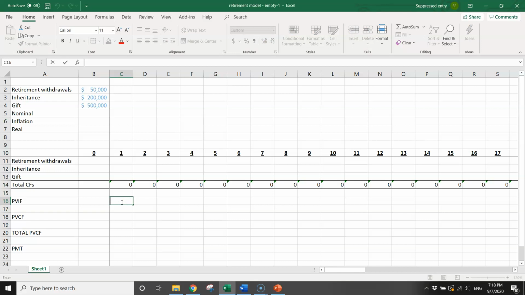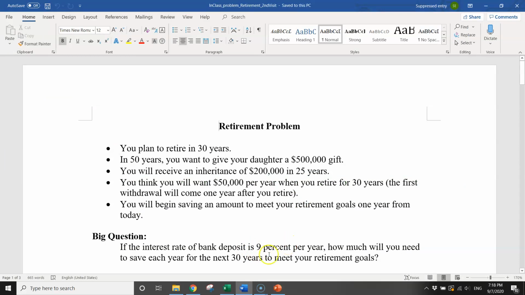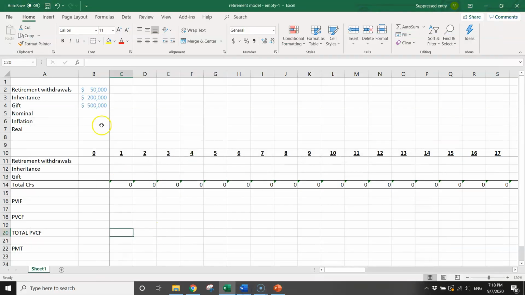Remember, the discounting calculation has this equation. The discounting factor will be 1 over 1 plus real interest rate. Oh, we need to calculate the real interest rate. Okay, so in this problem, we have this nominal interest rate as 9%. And here we consider 0% inflation rate.